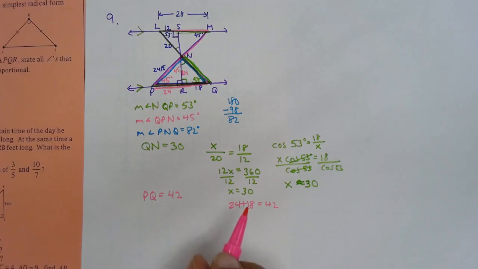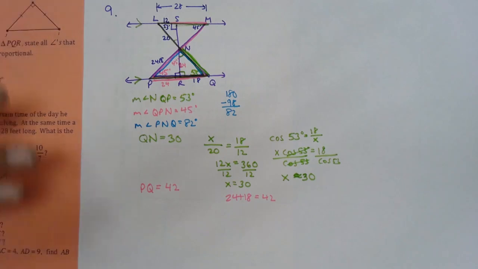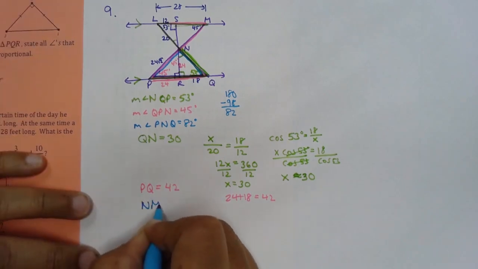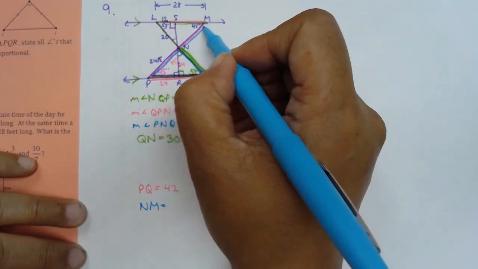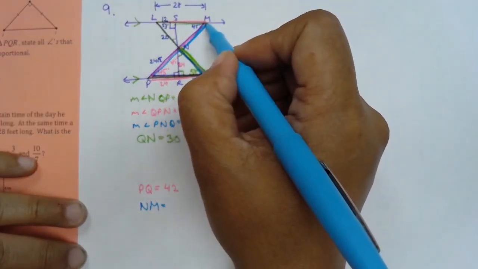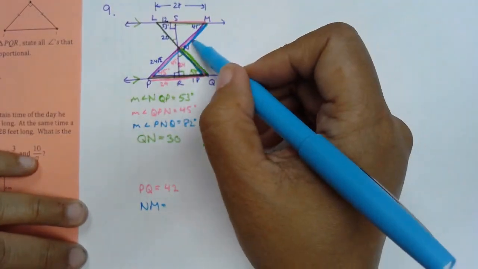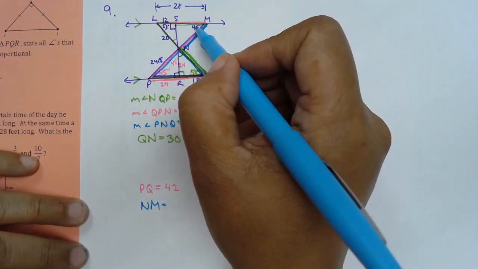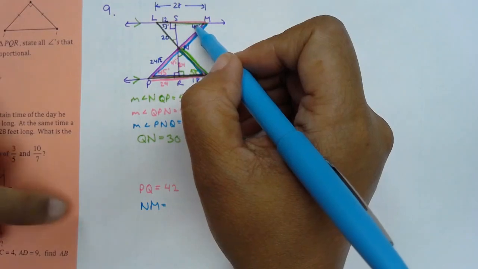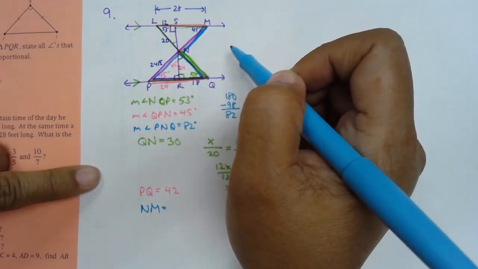All right, and then the last thing I have to find is NM. All right, NM, that's this side right here, N to M. So looking at this, I do see another 45 there, so that might mean I have to use a 45-45 triangle.